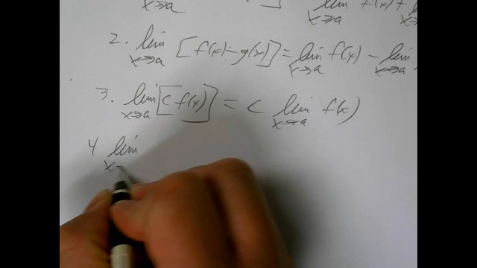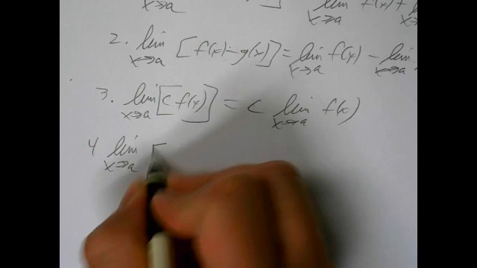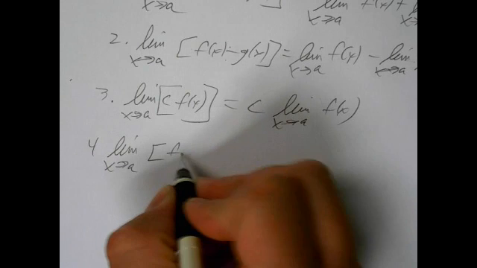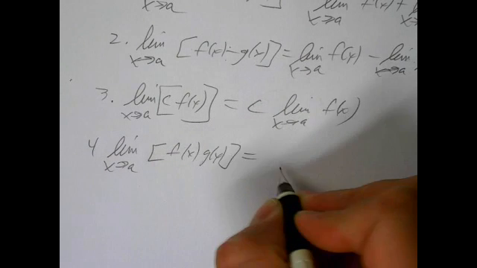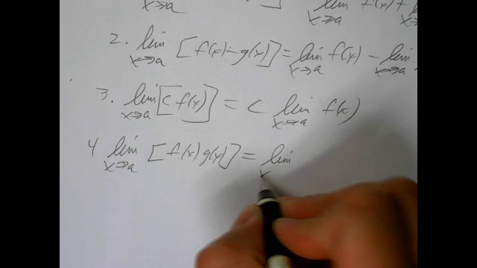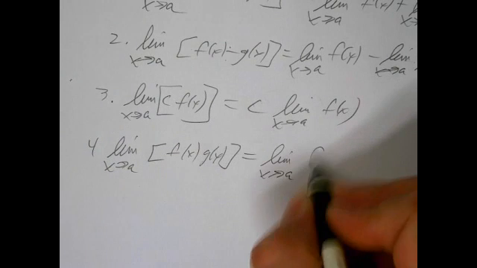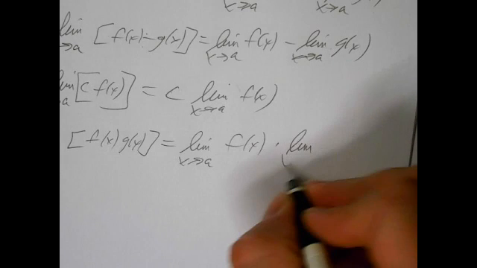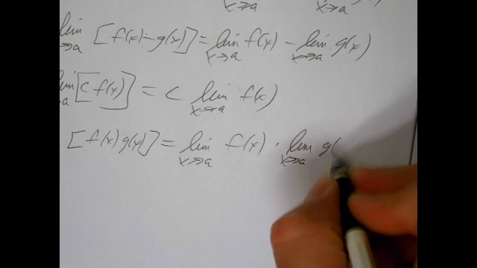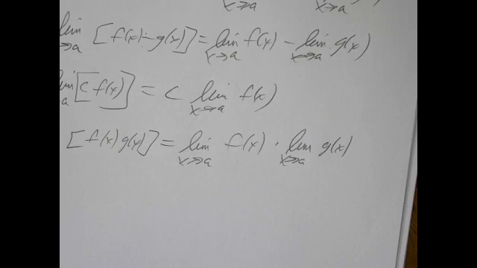Next, the limit as x approaches a of f of x times g of x equals the limit as x approaches a of f of x times the limit as x approaches a of g of x. This is saying that the product of limits is the limit of products.